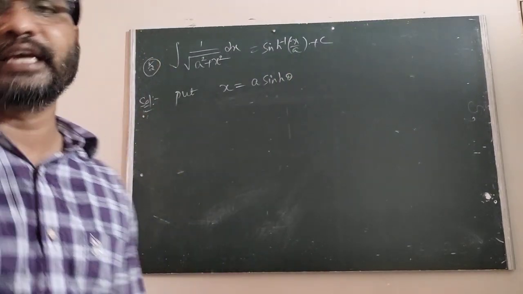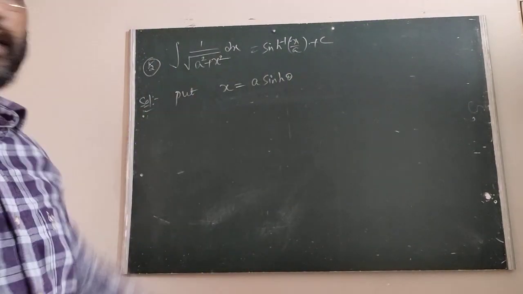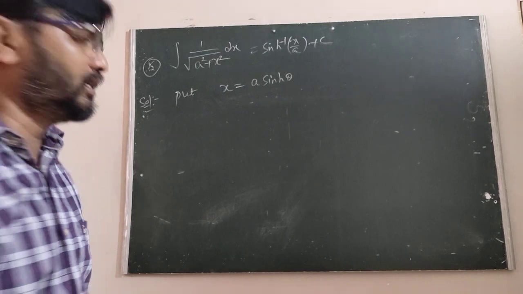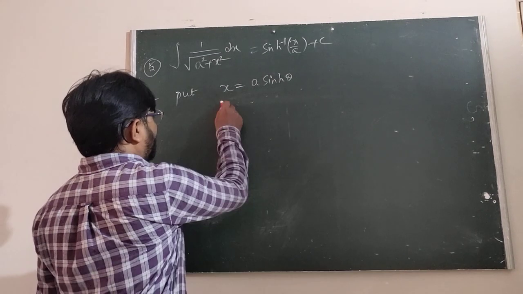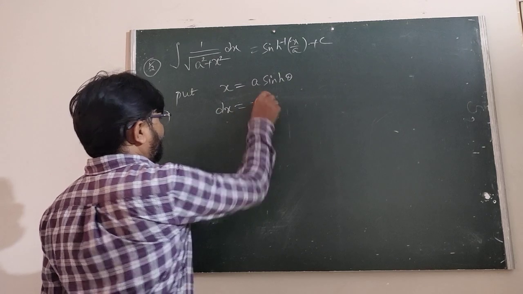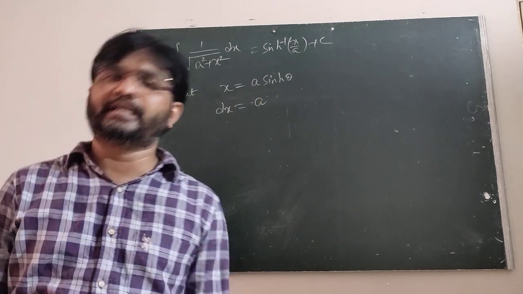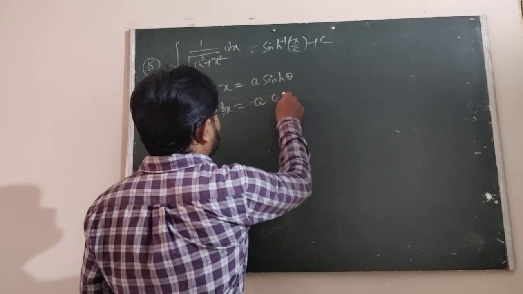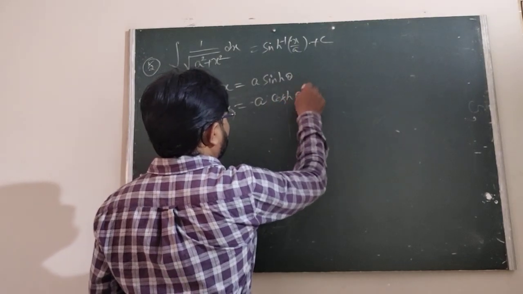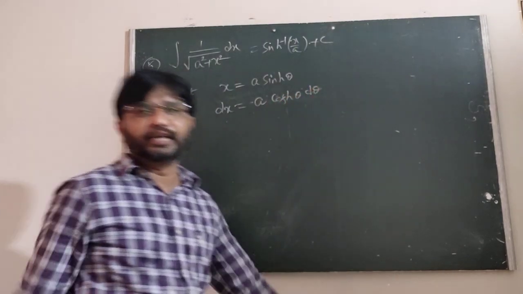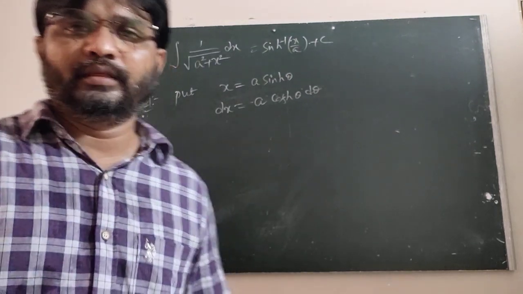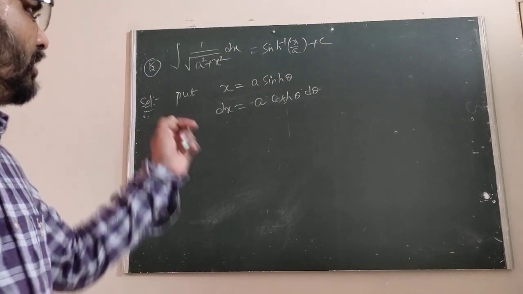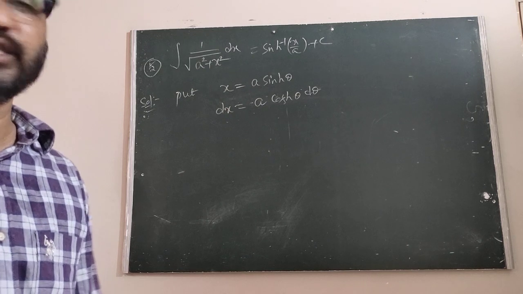Now differentiating: the derivative of x is dx, a into the derivative of sin h theta, which is cos h theta, and the derivative of theta is d theta.